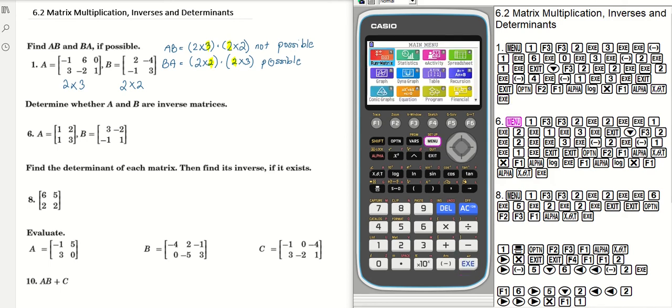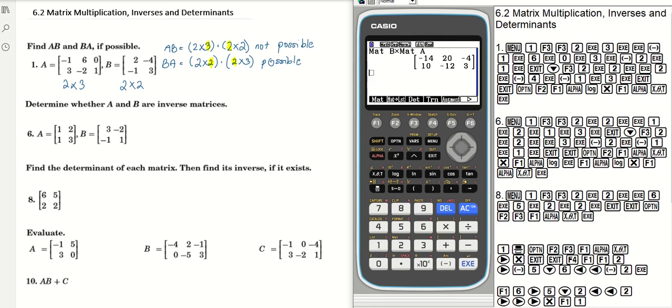So our answer is -14, 20, -4, and 10, -12, and 3. So our answer here is minus 14, 20, minus 4, 10, minus 12, and 3.